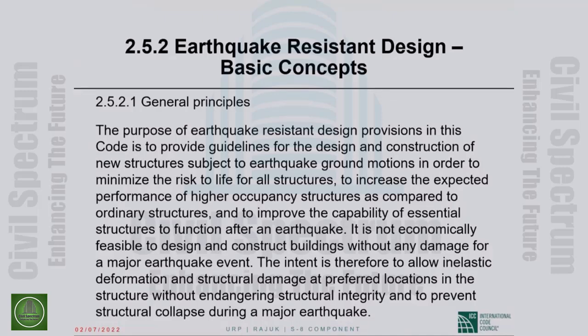Anything that is not enforceable does not belong in the code. You can put it in the commentary or support literature, whatever, but it doesn't belong in the code. BNBC is not in that camp. It has quite a bit of stuff that is not enforceable. BNBC doesn't have a commentary. That may be one reason why you find this material in the code itself.